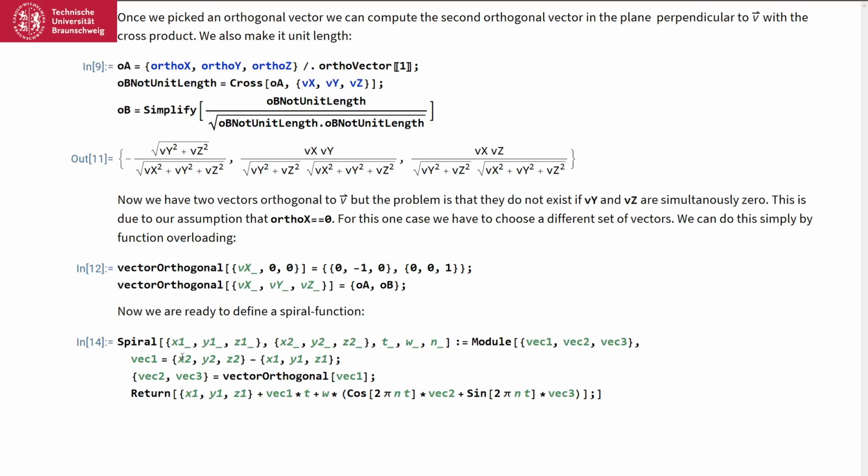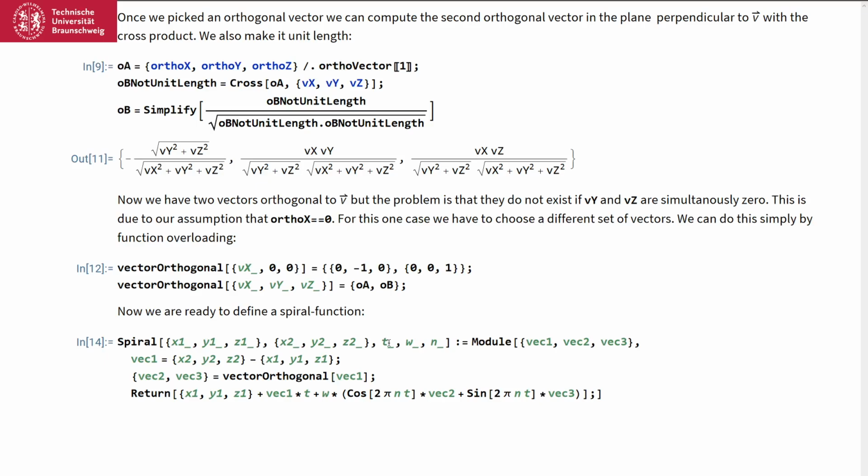We take the values out of the vector already, so this is the x1 pattern, so we have this underscore as the first part of this vector, and now this function will accept arguments only if there is a vector of 3 first and a vector of 3 second, and then we have t, w, and n. So these two are the first vectors.